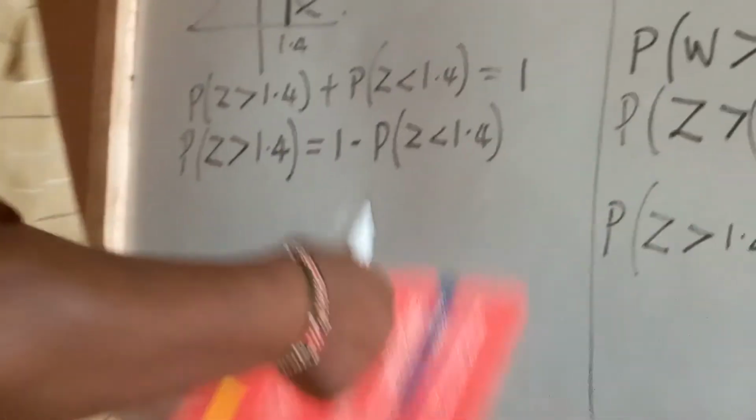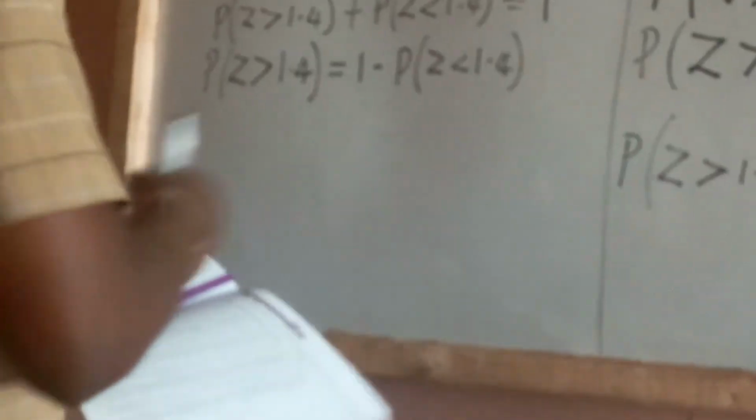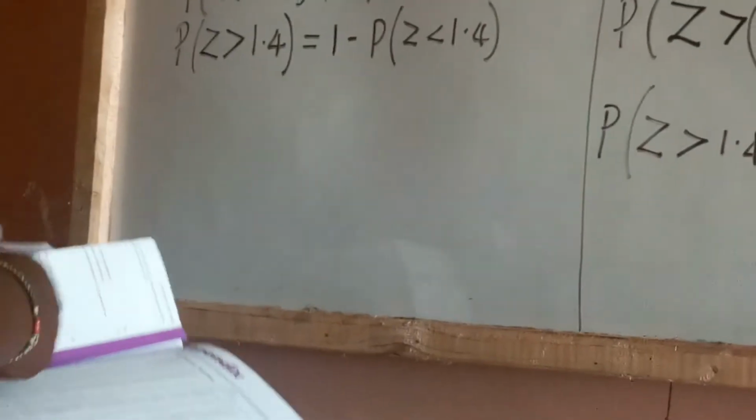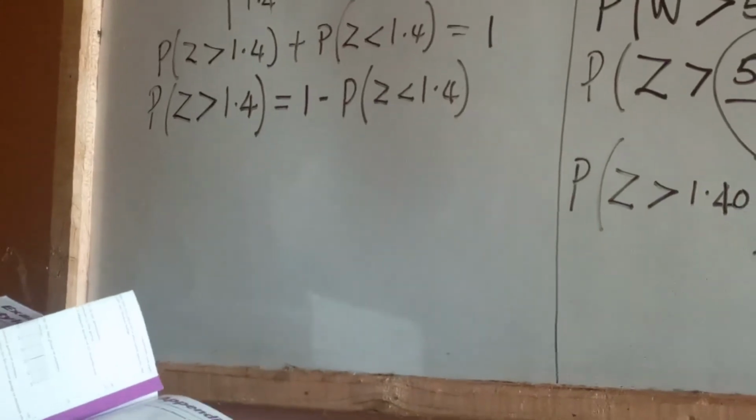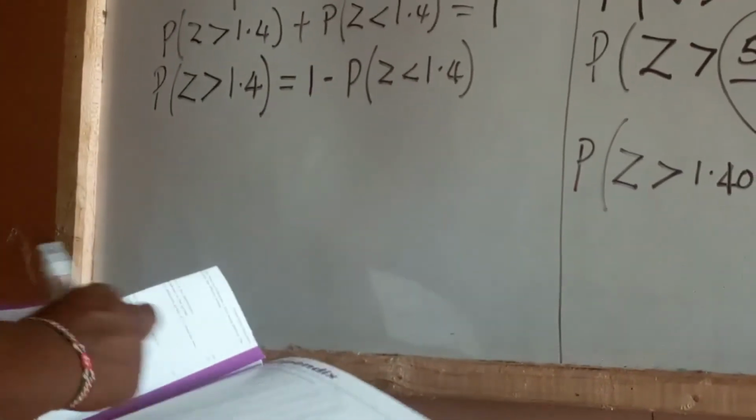Let's go to page 210. When small z is 1.4, what is the area? 1.4, 0.9192.